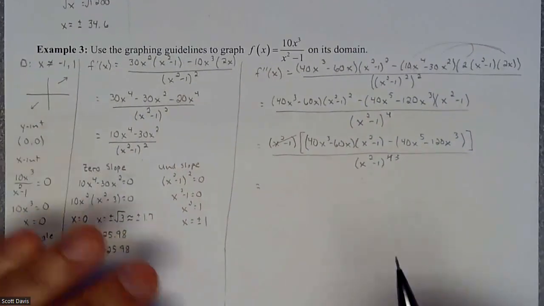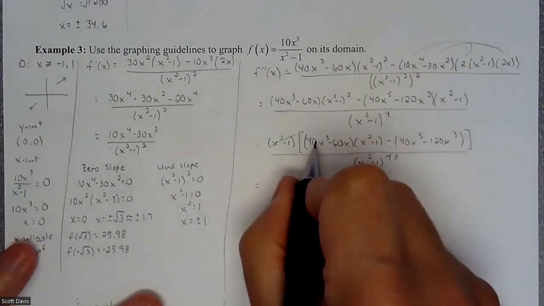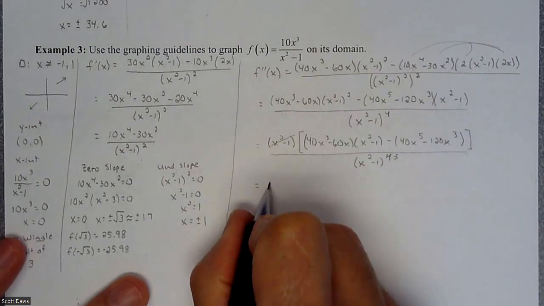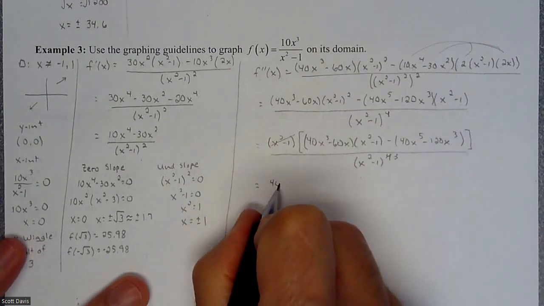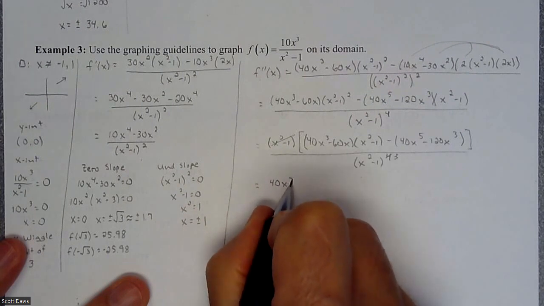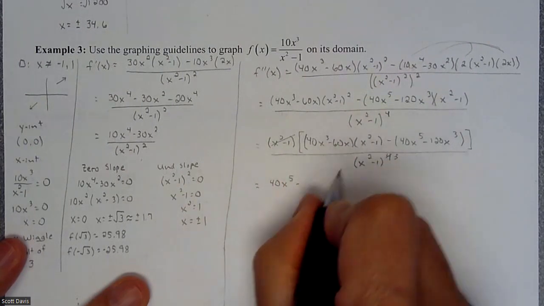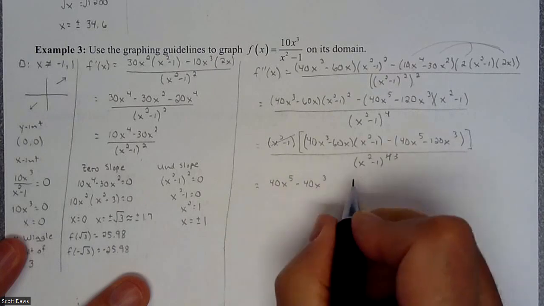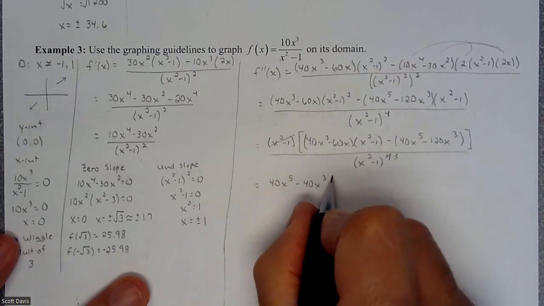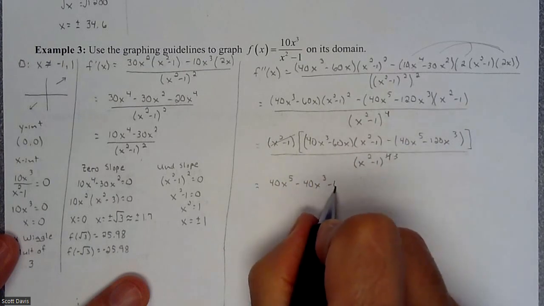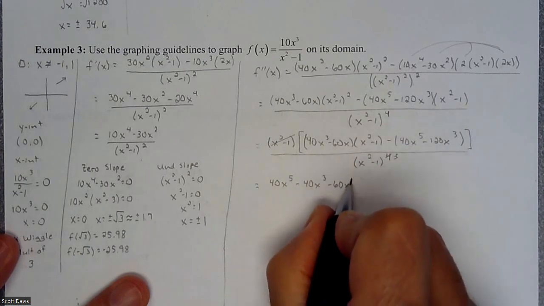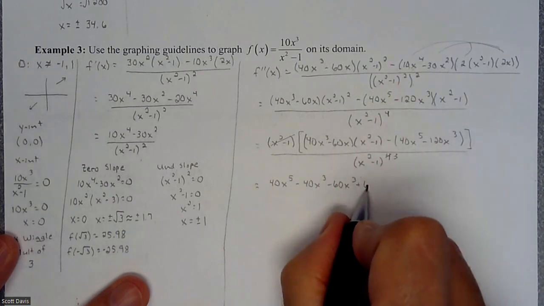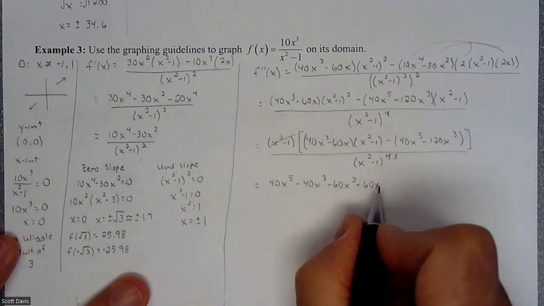We'll set it equal to 0. And so we're going to distribute the 40x to the third to the x squared. So 40x to the fifth minus 40x to the third, and then minus 60x to the third plus 60x.